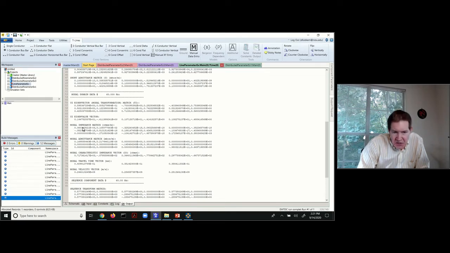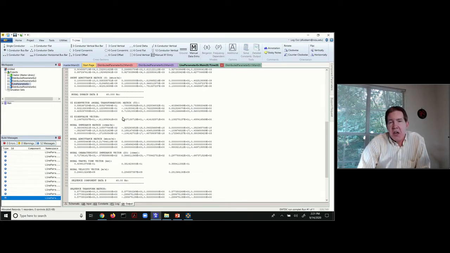In the modal impedance matrix, T-line is able to decouple the equations. The terms are primarily on the diagonal, where the off-diagonal terms are very, very small, in this case 0 or on the order of 10 to the minus 18.